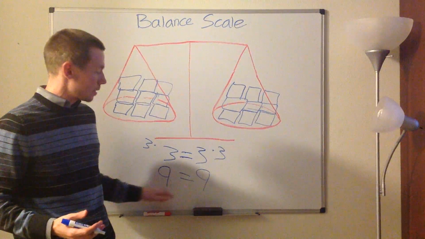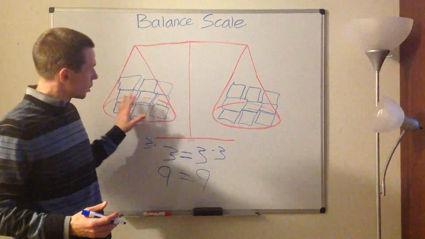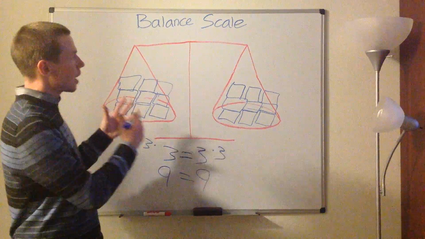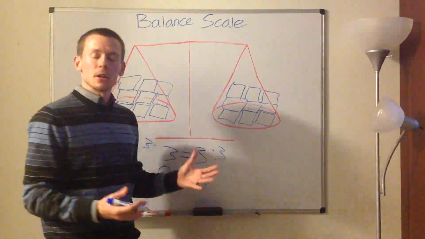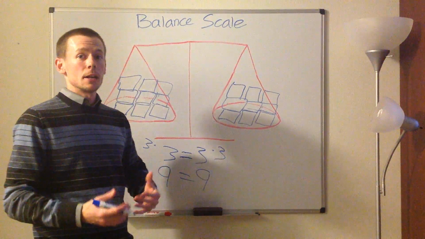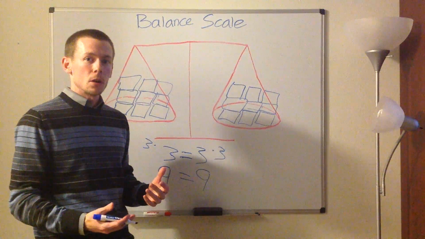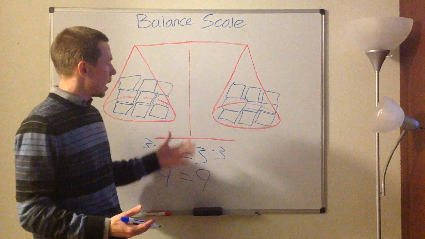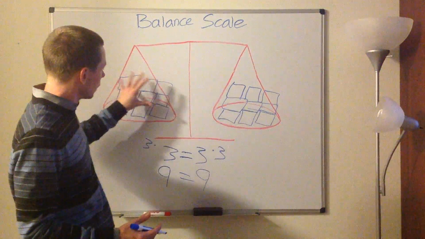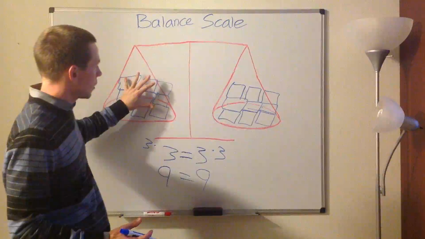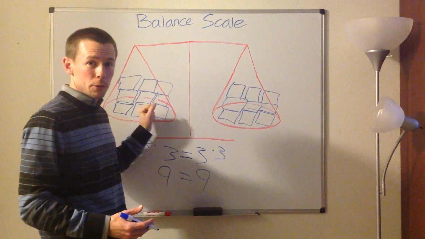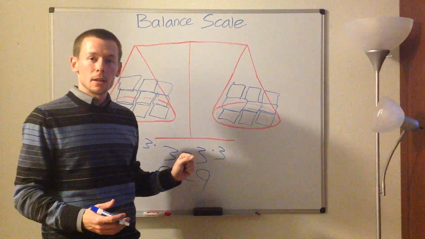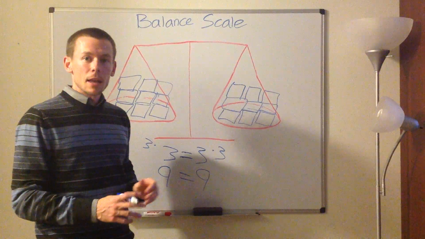Different numbers, now it says 9 equals 9, but it's still true. So this concept of a balance scale is going to be really important to us later on as we get into much more difficult equations. And of course this holds for division. If I divide by 3 now, 9 divided by 3, and I'm left with 3, as long as I do the same thing to the other side, I'll still be left with 3.